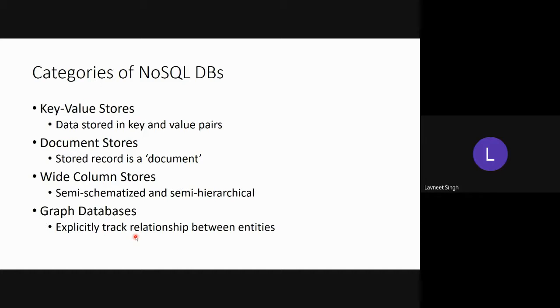Lavneet Singh, DICT, relation name faculty. DICT is a node or vertex. Lavneet is a node or vertex, and the edge defines the relationship. So those kinds of databases that explicitly track the relationship between entities are also NoSQL databases.